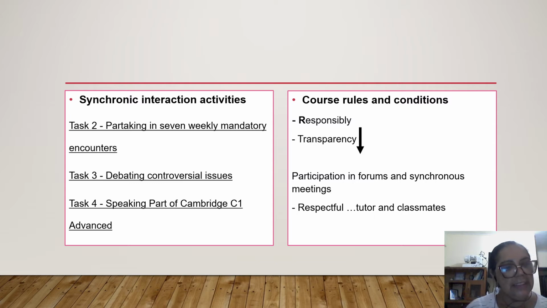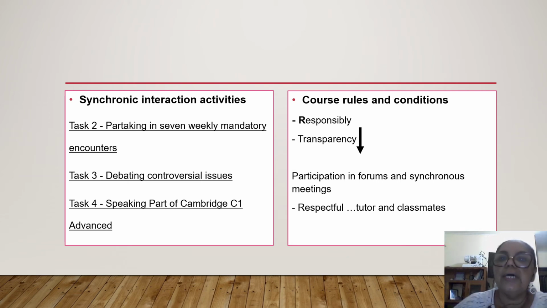What is the activity, for example, in real time for interaction? For this activity, for example, task 2, task 3, and task 4.